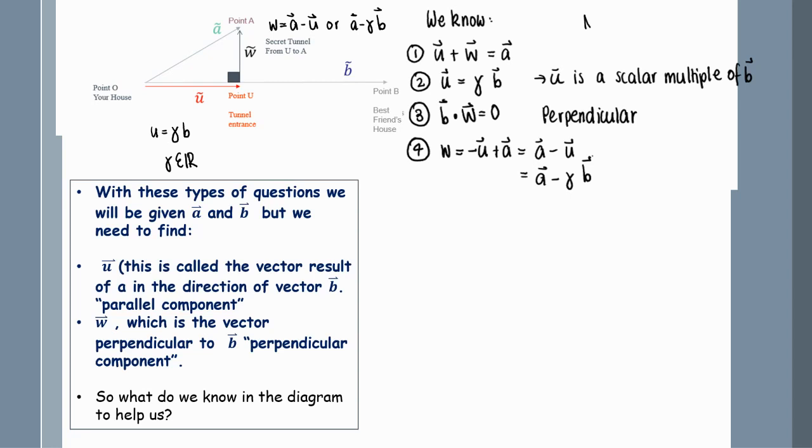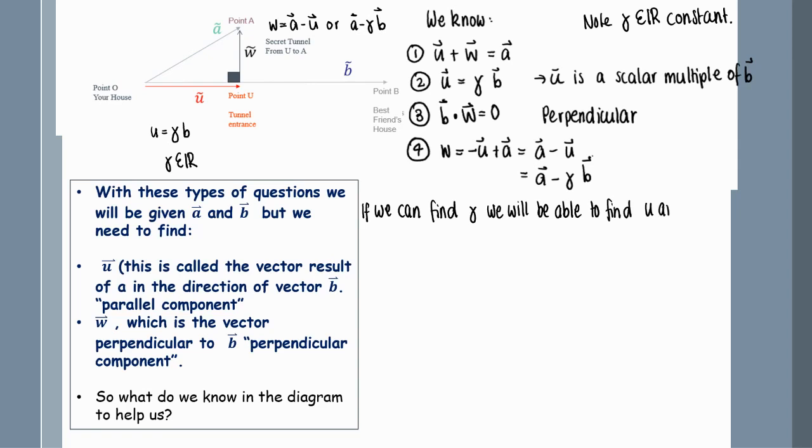Label that your U is gamma times the baseline, and that W will be A minus U, or A minus gamma B. If we can find what our constant gamma is, then we can easily find U and we can find W because we will have A and B given to us in the question.